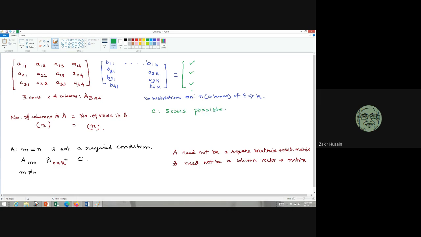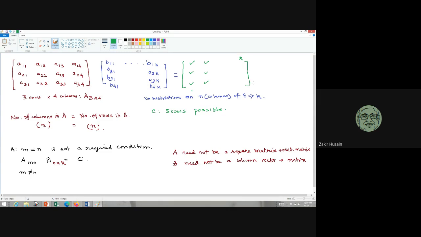Only 3 rows are possible. But I can multiply this by the first column, and multiply this by the second column. So how many times can I multiply? There has to be K times.